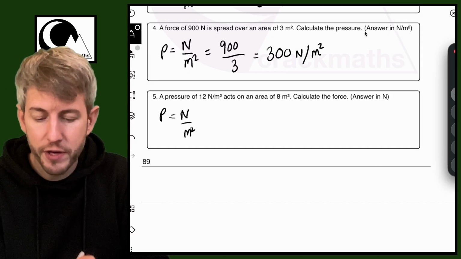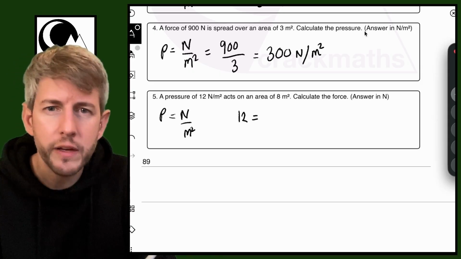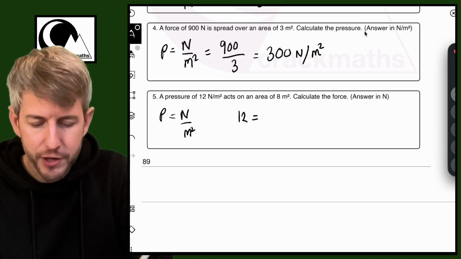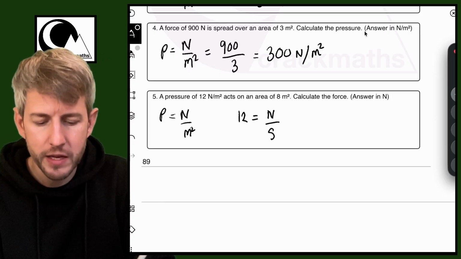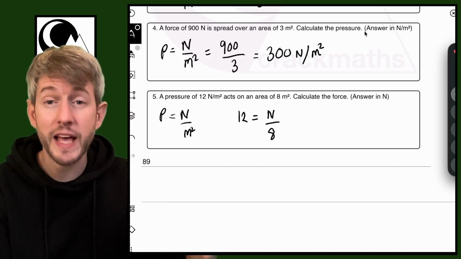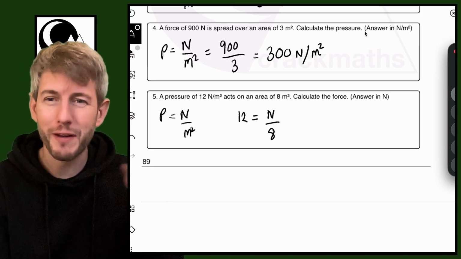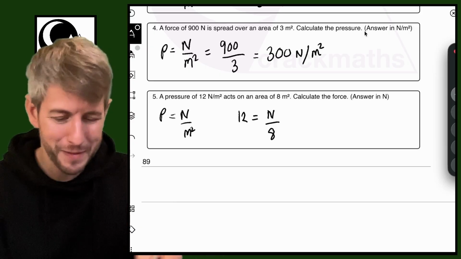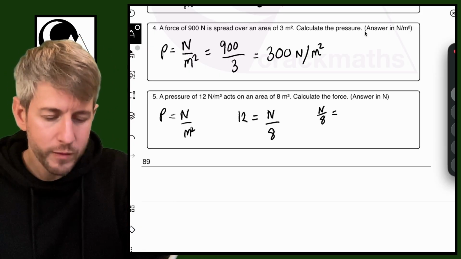But this time we've got the pressure. So 12 equals n divided by 8. I'm actually just going to write this the other way around because it makes it easier for us to think about. So I'm going to say that n divided by 8 equals 12.